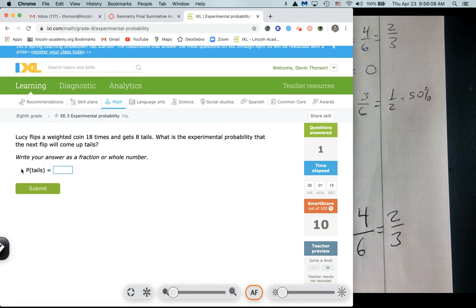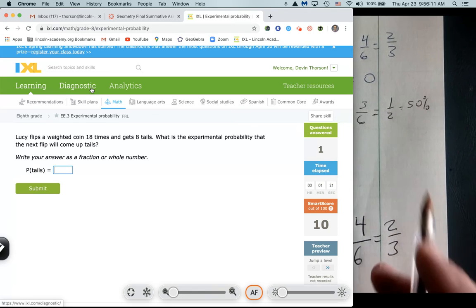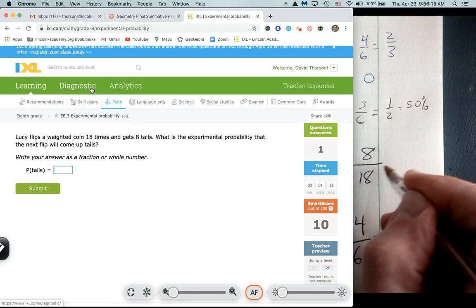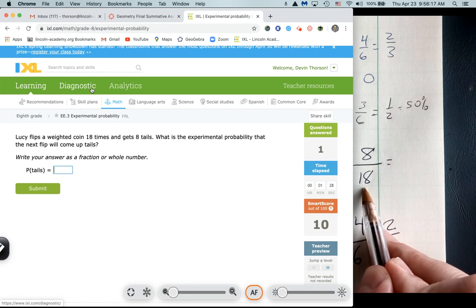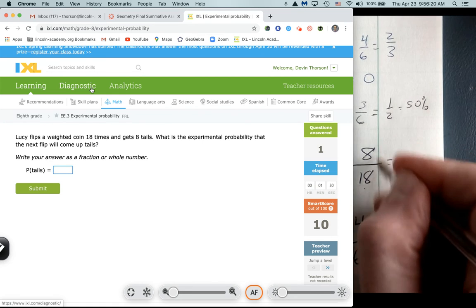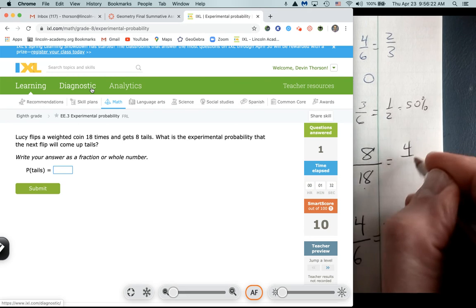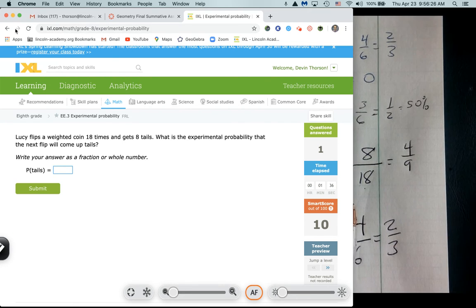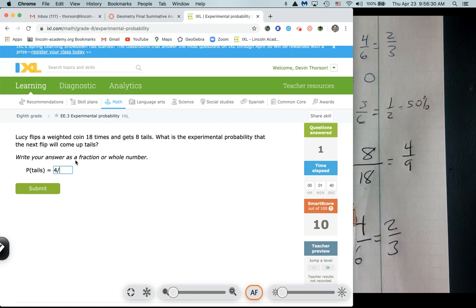Well, if experimentally he flipped 8 tails out of a total of 18 flips, then if we reduce that, we get what? 4 out of 9, which is not quite 50%. So I come over here and I type in 4 out of 9 as my reduced fraction. That's the probability of flipping tails.